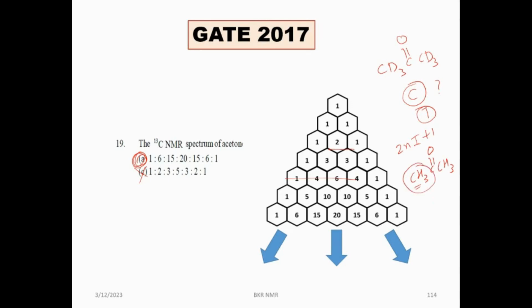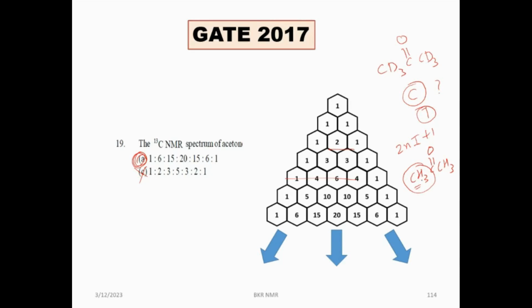Same rule. How many directly attached hydrogens are there in CH3? Did we study the multiplicity of carbons? Yes, we have already seen. Carbon will couple with only its directly attached protons.